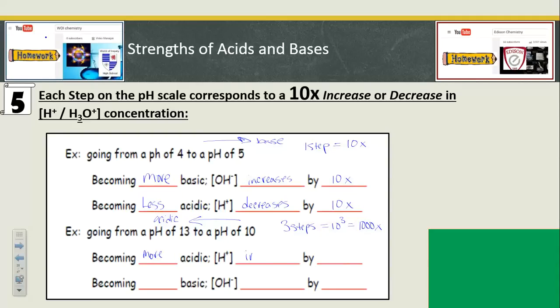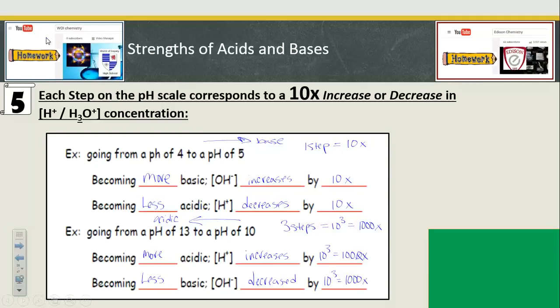H+ increases by 10 to the third, which equals 1,000 times. And every time it becomes more acidic, it becomes less basic. So the hydroxide decreases by the same factor, 10 to the 3, 1,000 times less basic.